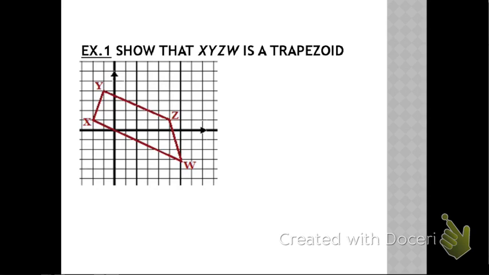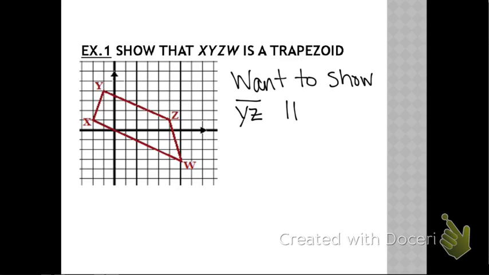Show that XYZW is a trapezoid. If we're trying to show that it is a trapezoid, we need one pair of parallel sides. Hopefully you can see that we want to show that YZ is parallel to XW.